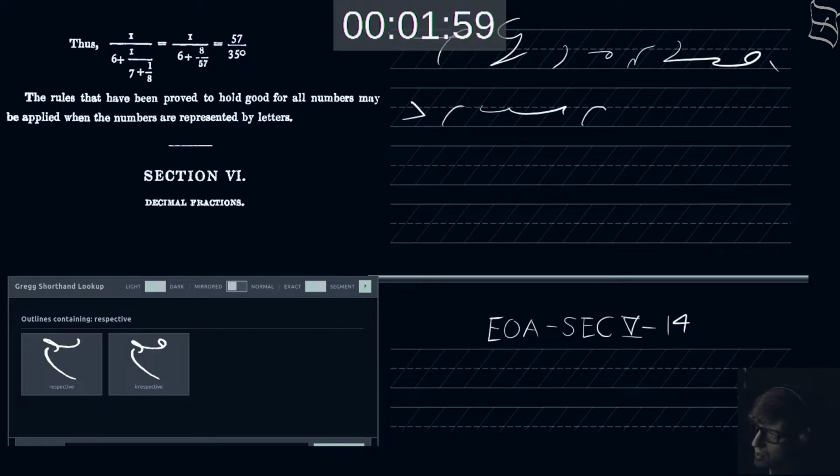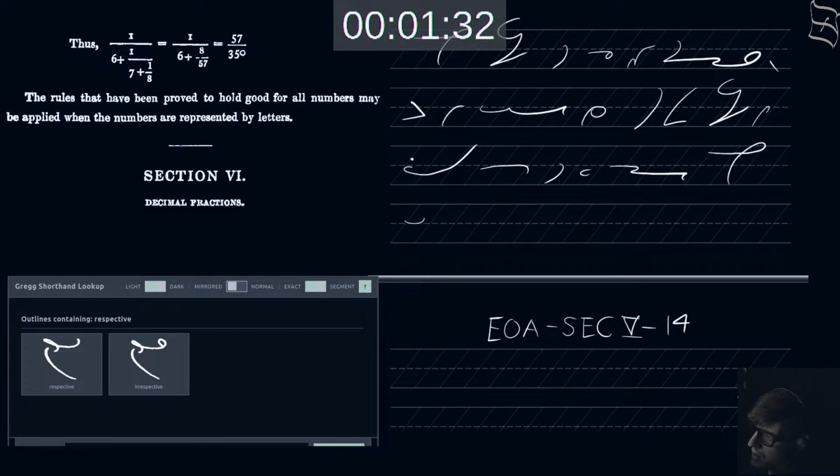The rules that have been proved to hold good for all numbers may be applied when the numbers are represented by letters.